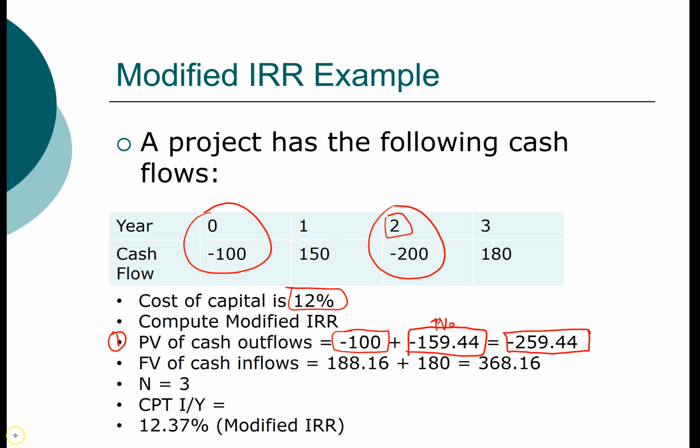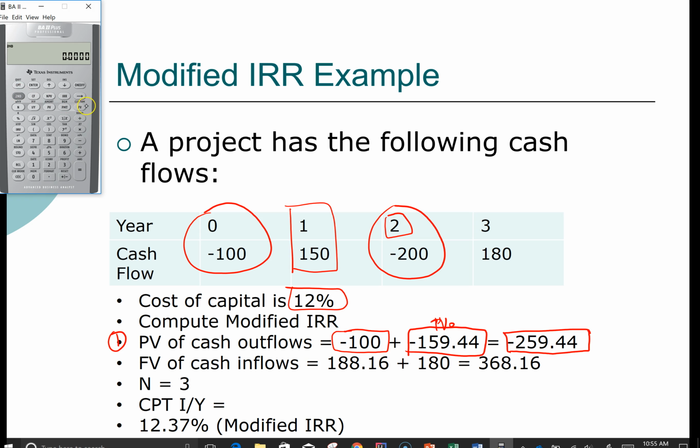And we have to do the same thing for the positive cash flow in year 1 and year 3. So let's reset our calculator first. In year 1, we have $150, so that's our present value. Our interest rate is 12%, and we want to find the future value as of year 3. So between year 1 and year 3, there are 2 years. So n is 2, and we are computing the future value.